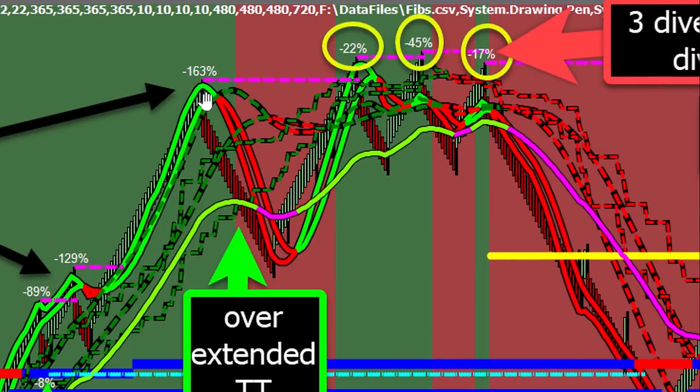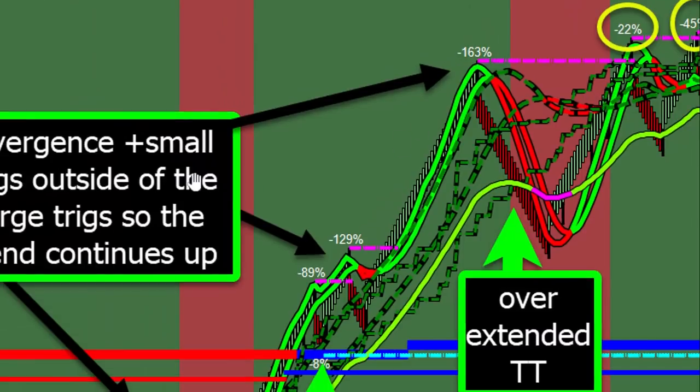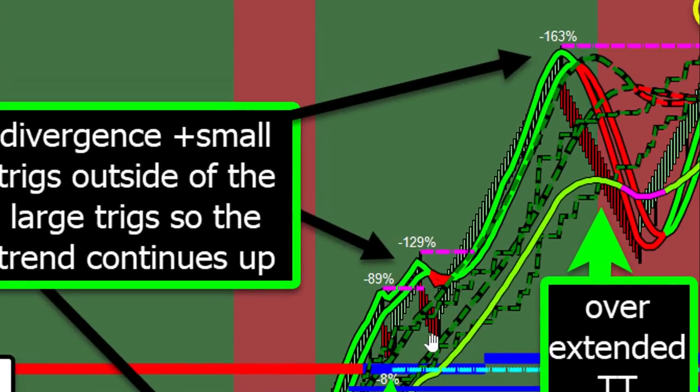And then you'll see, in reverse, the same thing we saw at the bottom. We have multiple divergences in the same relative price location. I want to make one statement. Some people will say, ooh, a third divergence. But if you have a divergence and then a higher divergence and then a much higher divergence, that's not three divergences that will end the trend.